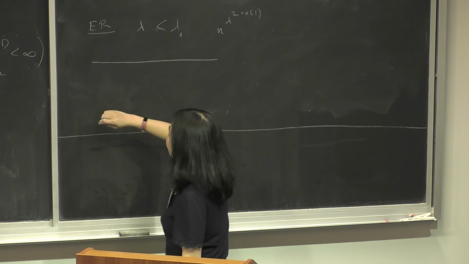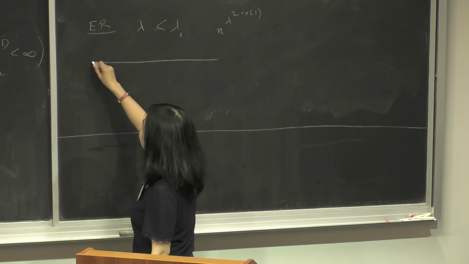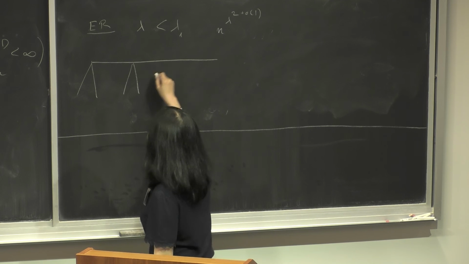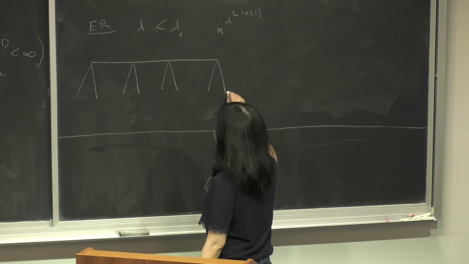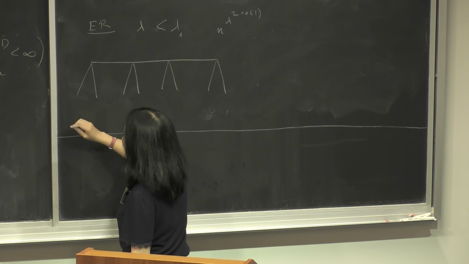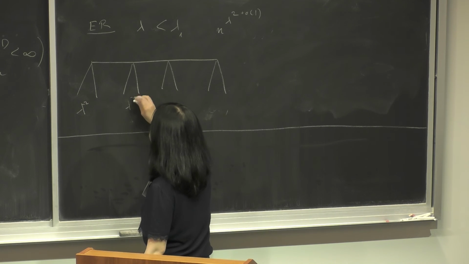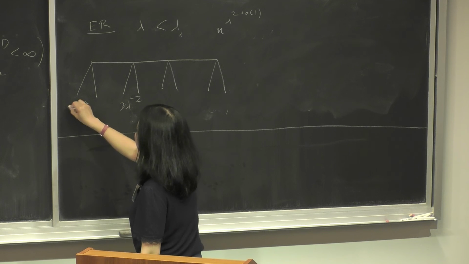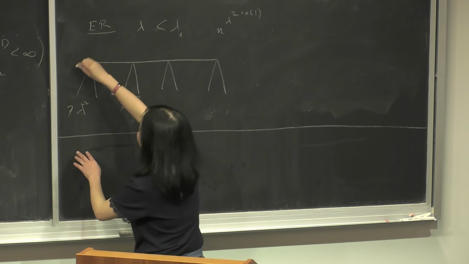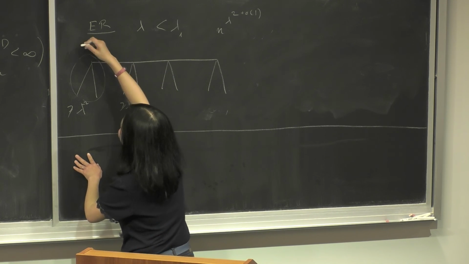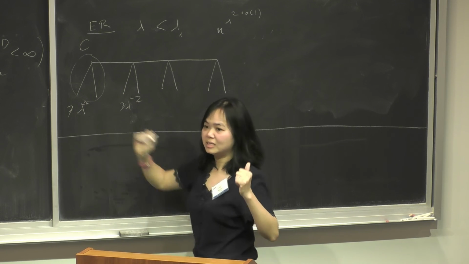And the reason is that in Erdős-Rényi random graphs, we can find a chain of high degree vertices, and the degree of each of them is at least about lambda to the minus 2. And so the process on each of the stars survives for a large time.